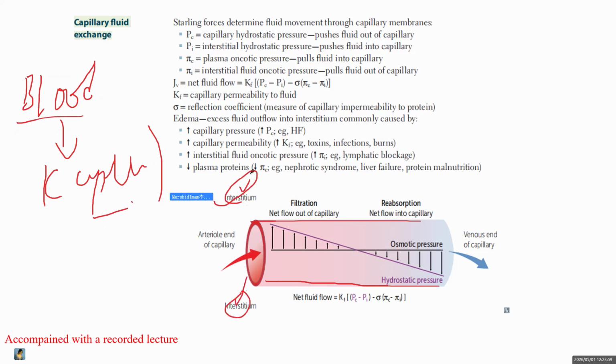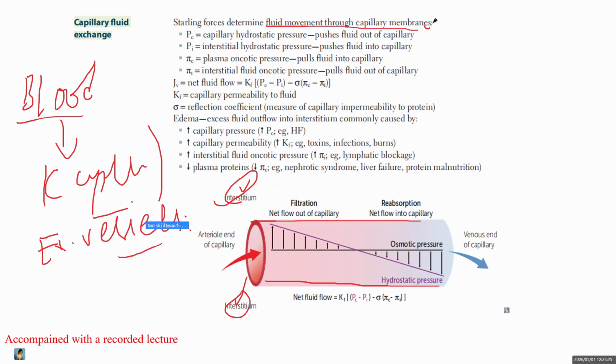The tissues need exchange with the blood: they need oxygen, they need nutrients, they need removal of wastes, and also the movement of fluid. All of these are major functions. So capillaries are not just pipes carrying the blood, they are also known as the exchange vessels.